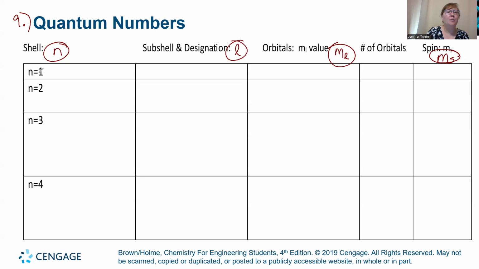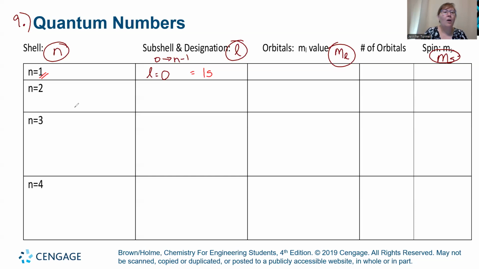So when n is equal to 1, remember that l is from 0 to n minus 1. That means that our l value is 0, and we have that 1 here. Let me show you where that's going to come from. We have 1 here and 0 is s, so the designation is 1s.